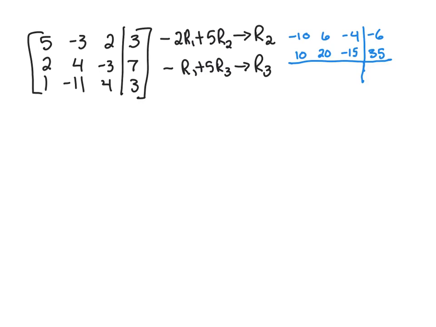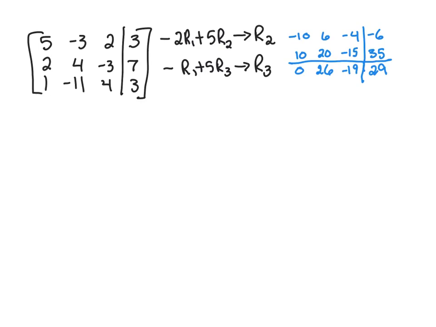So here we go. Adding, I get 26, -19. These are ugly. And a positive 29. Now, we're replacing row 2 with that. Notice that we're replacing rows 2 and 3. So row 1 stays the same.